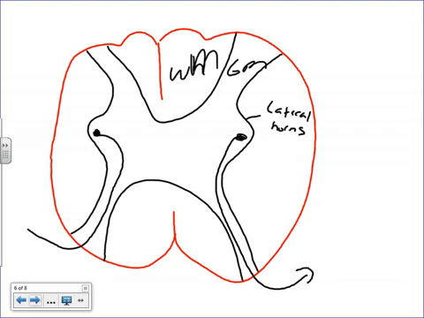Remember, any output out of the spinal cord exits out the ventral aspect. So keep in mind that these preganglionic fibers are found in the lateral horns of these thoracic vertebrae. I forgot to mention that in the previous video that I just made.